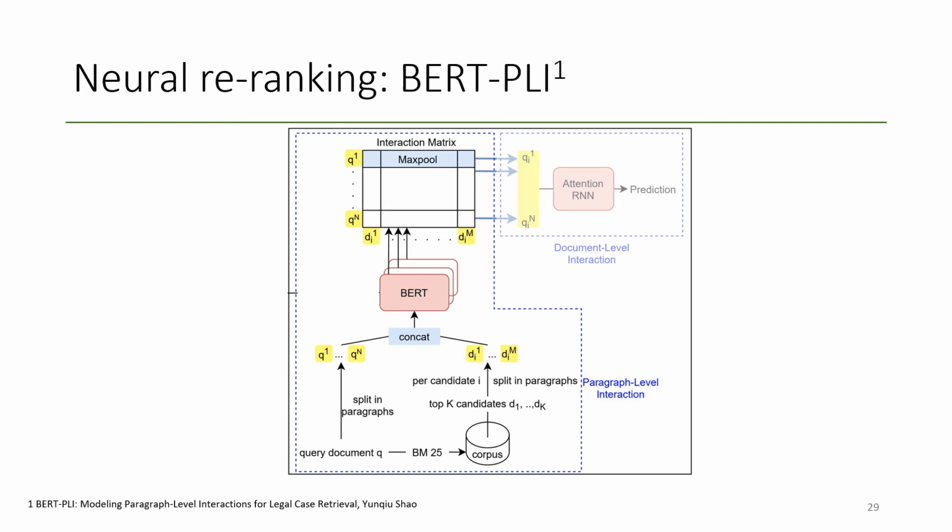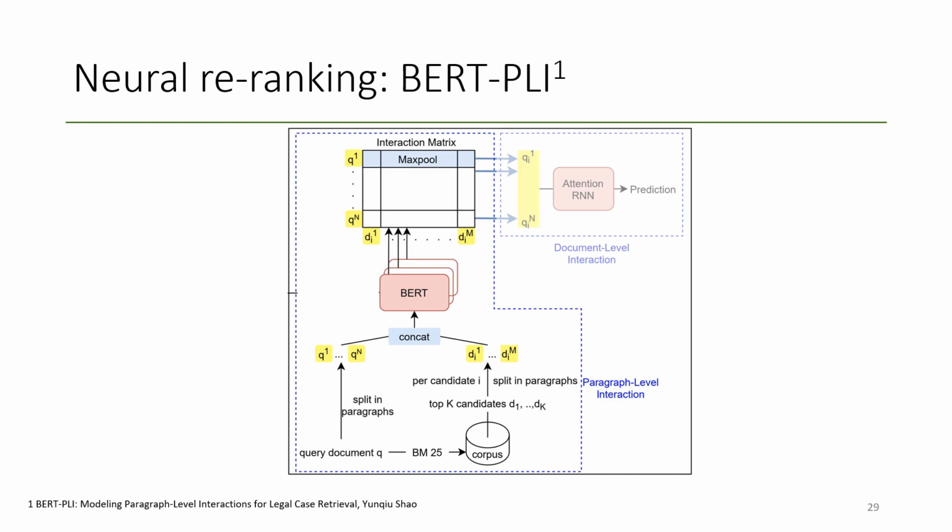And then for each paragraph pair, all the paragraphs of the query document and all the paragraphs of the candidate document are concatenated with each other, and the relevance between the query paragraph and the candidate paragraph is predicted using a BERT model. And you need to use this splitting because the BERT model has a limited input size of only 512 tokens.